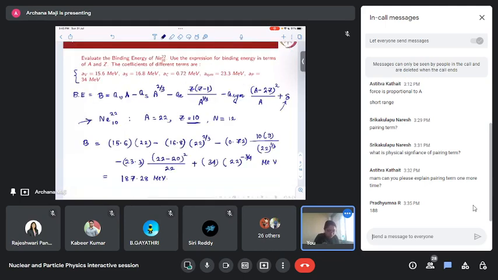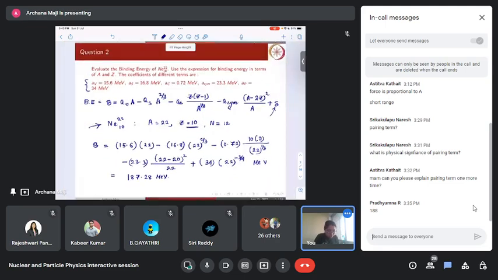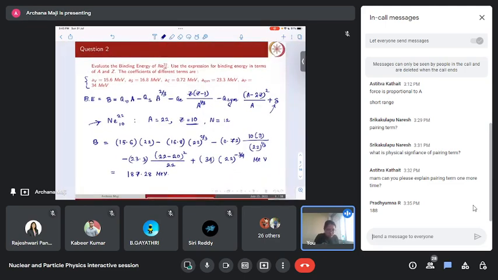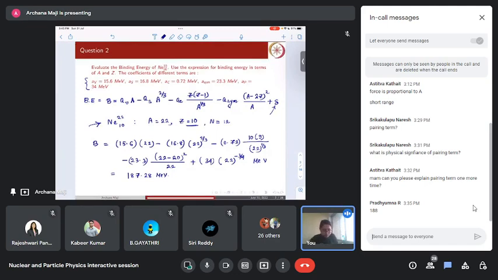Any question? Do you have any question on this problem? If you know this formula, you just have to substitute A and Z in that formula to determine the binding energy and nothing else.